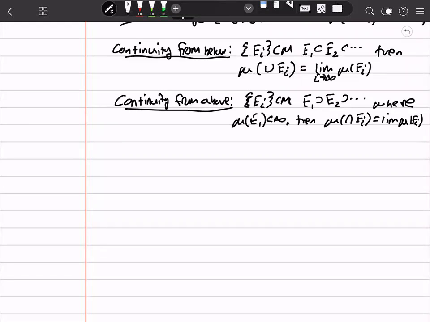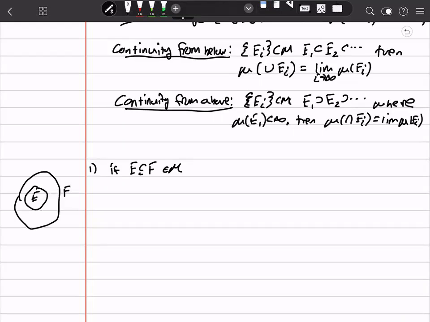So for the first item, let's prove monotonicity. If we have E and F in M, and E is a subset of F, we note that our picture kind of looks something like this. This is E on the inside, and this is F on the outside.